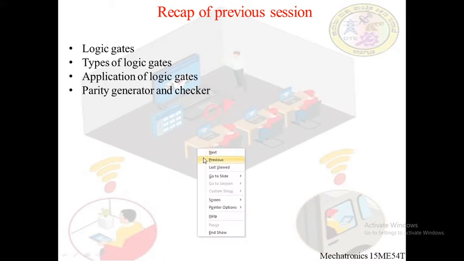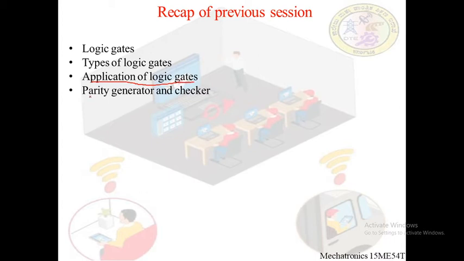They form the different types of gates. In the application part, we had seen a few simple examples of application of logic gates where the logical decision making was the key parameter.